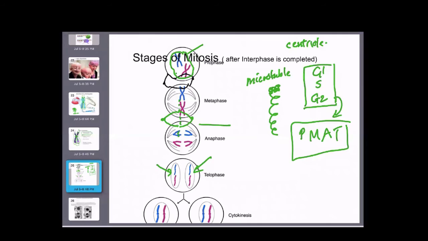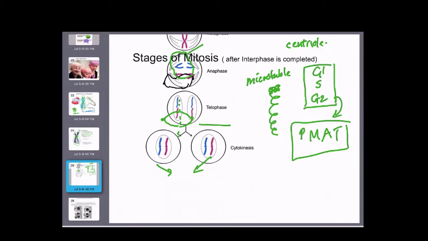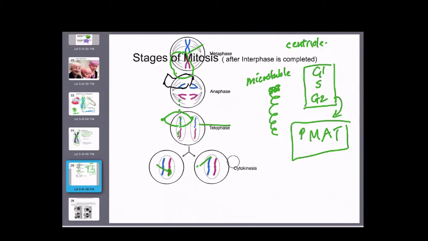In telophase, you're going to reform that nuclear membrane, but you can see that the new cell has a blue and a pink copy of a chromosome. And the last part is where we separate out, we divide the cytoplasm, and the cell membrane pinches together, and you end up with two identical cells.